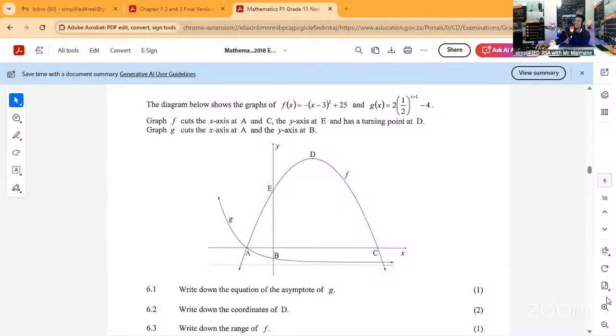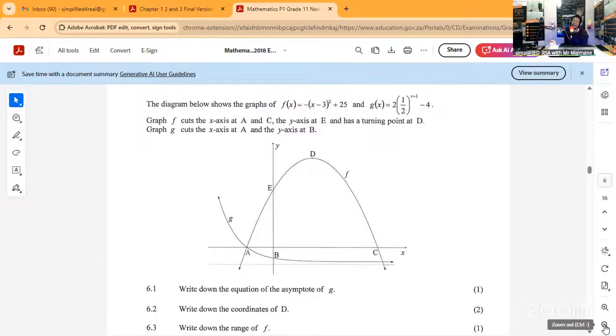Before I share my question for today, a question like this should be fair to test our understanding of functions as an intro. So we are given two functions there. We are given f of x as well as g of x.